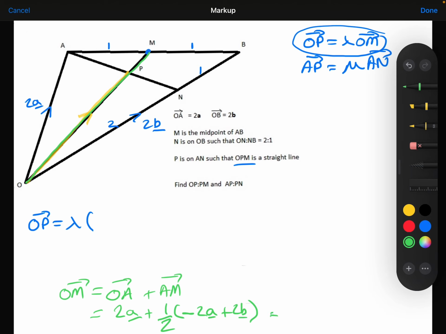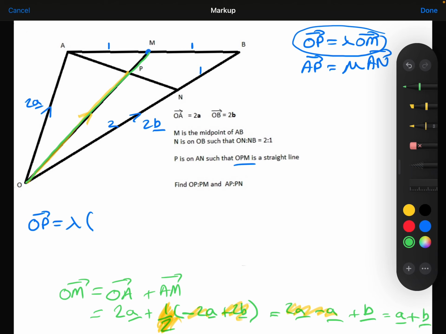So I can now simplify this because I've got the 2a. The half of the minus 2a is going to be minus a, and then the half of the 2b is going to be b. And now simplifying this some more, the 2a minus a is a, plus b.